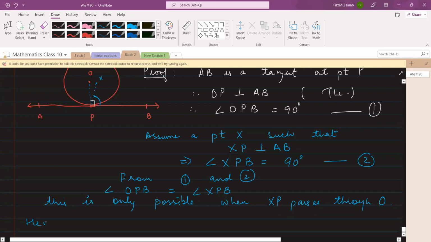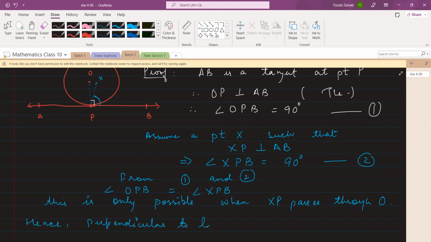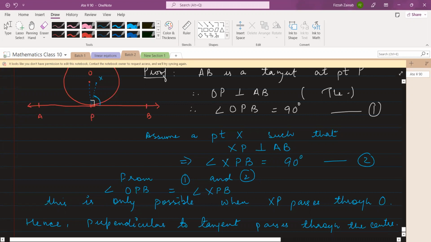So hence we can say that the perpendicular to the tangent passes through the center. That's written.